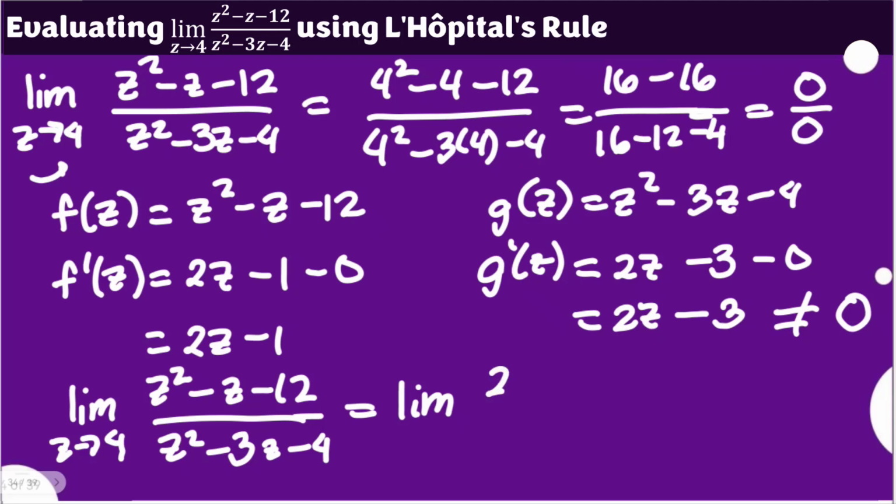We have 2z minus 1 for our numerator over 2z minus 3 for our denominator as z approaches 4.